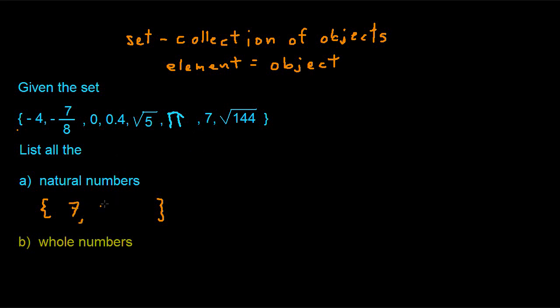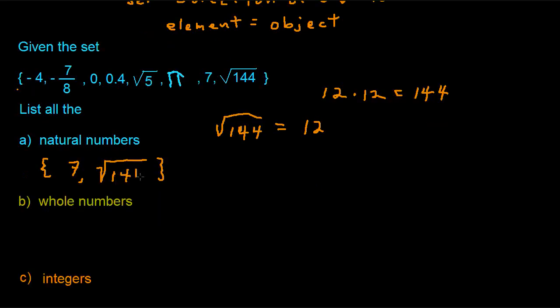So we can put in 7, and actually in disguise there's another counting number, the square root of 144. Square root of 144 is equal to 12, because 12 times 12 equals 144. So the square root of 144 is really 12, and that is one of the natural numbers.